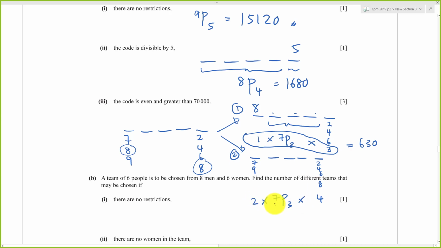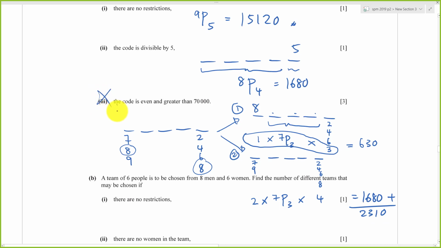Then you multiply each other: 7P3 multiplied by 2, multiplied by 4, you have 1680. And then you plus both of them together. You should get 2310.